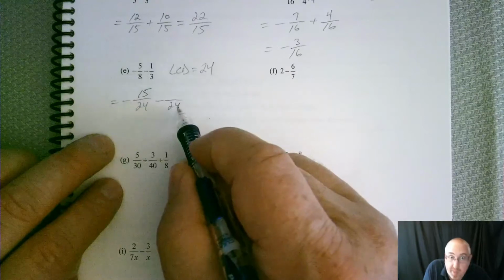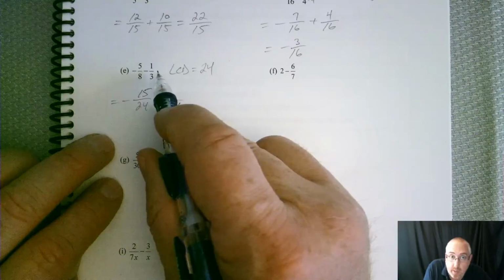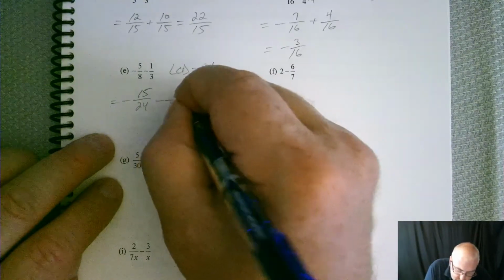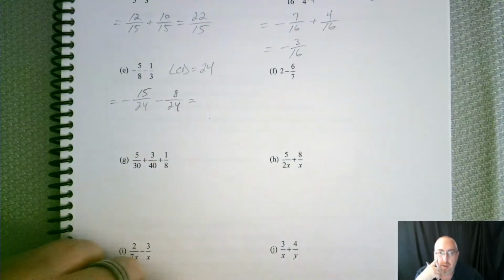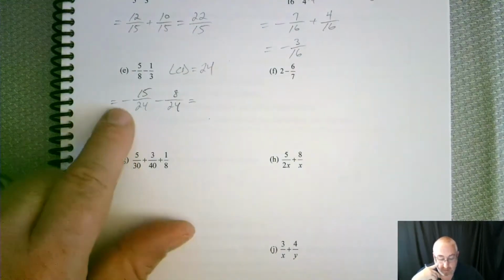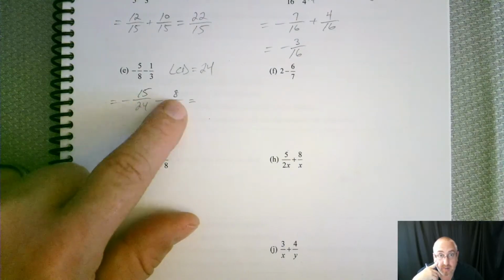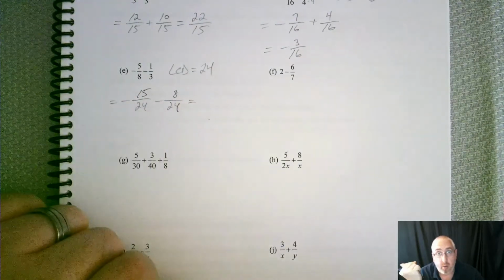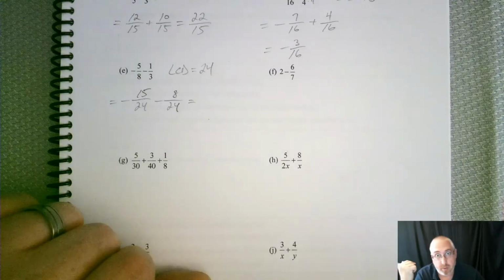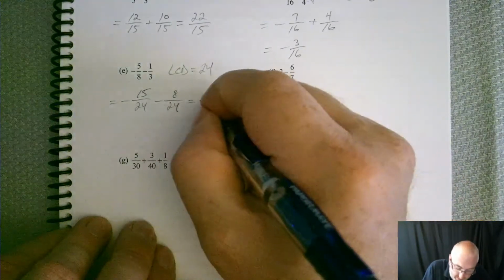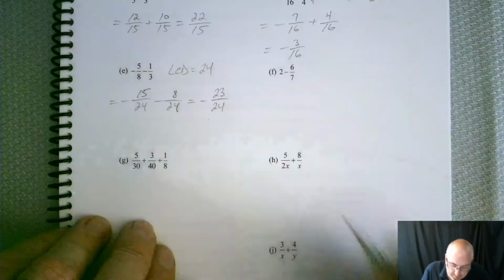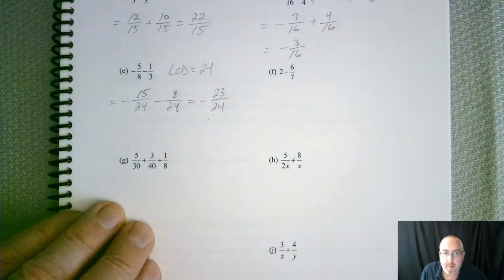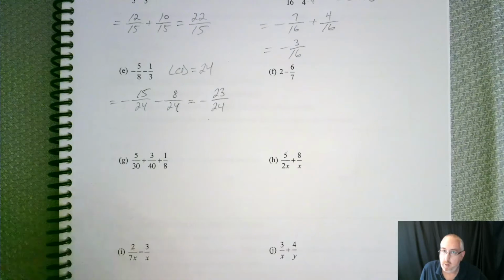Next one gets multiplied by 8. So 1 times 8 is 8. And now what do we get for that one? So be careful, -15 and a -8. So you're going in the hole and then you're going further into the hole. So it should be a -23, right? Negative 23 over 24. Okay, so far so good, hopefully.